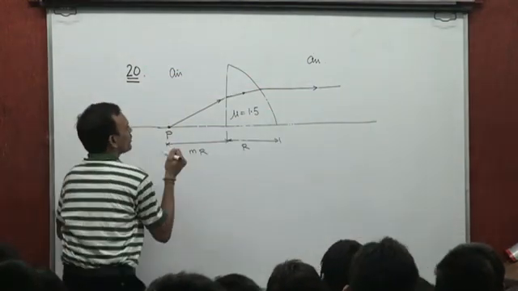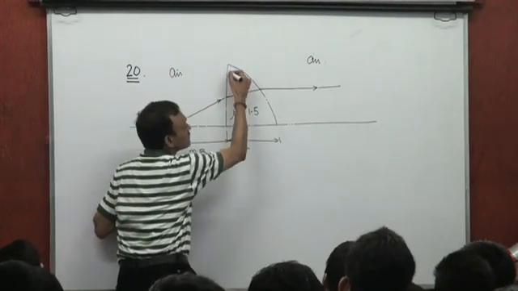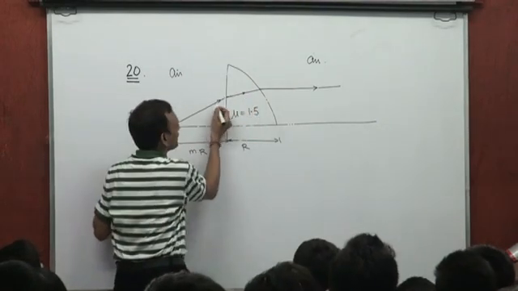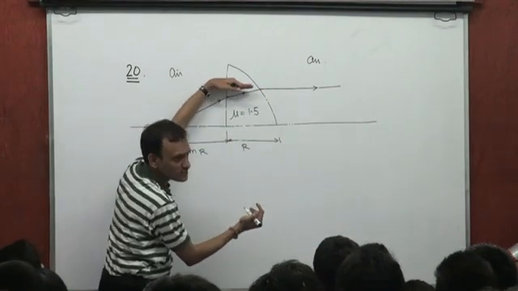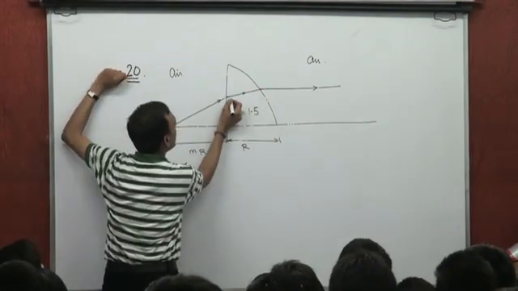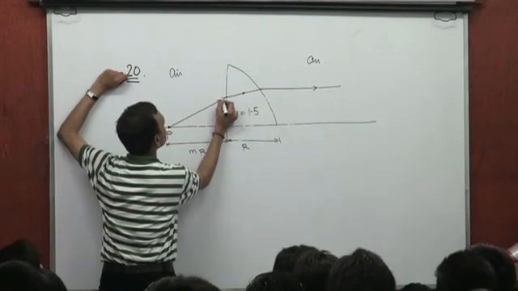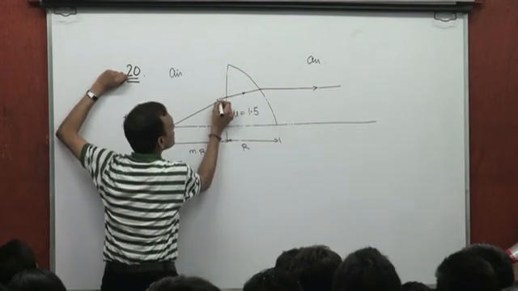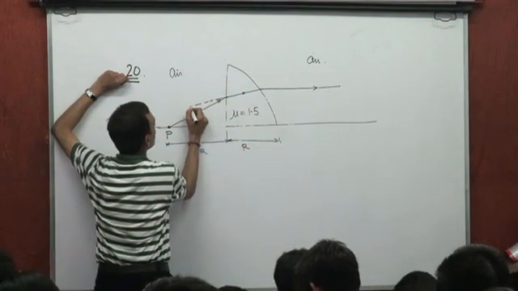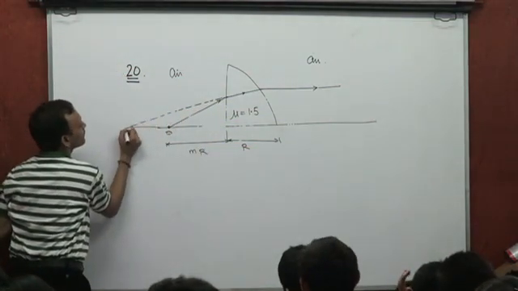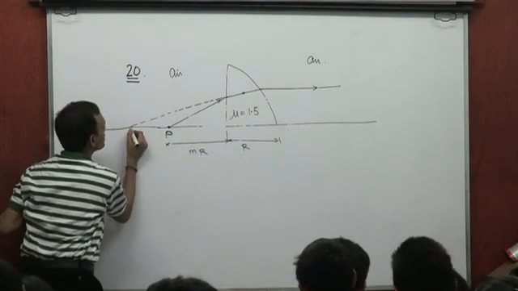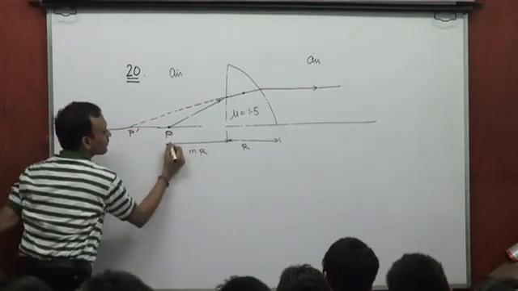So now realize that when refraction occurs on this plane refracting surface, it's going from a rarer to a denser medium. So it bends towards the normal, right? And it seems like it's coming not from O, but from some P prime.